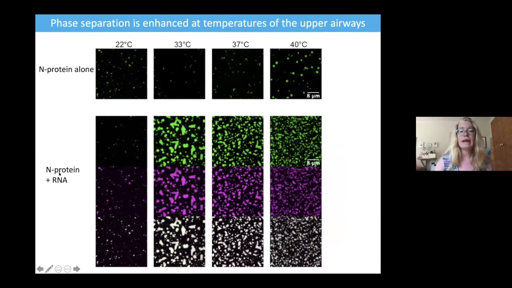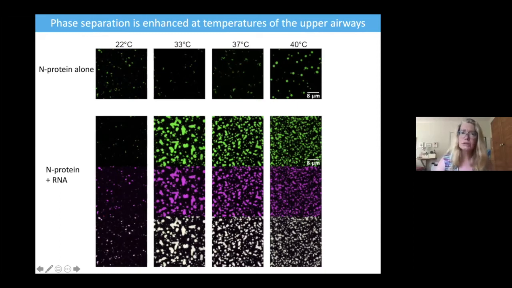Interestingly, when we incubate it with RNA, with genomic RNA, what we can see is also a heightened phase separation at elevated temperatures, but we actually see the most robust phase separation at 33 degrees, slightly cooler than body temperature, but potentially relevant to the temperature in the very upper airway.